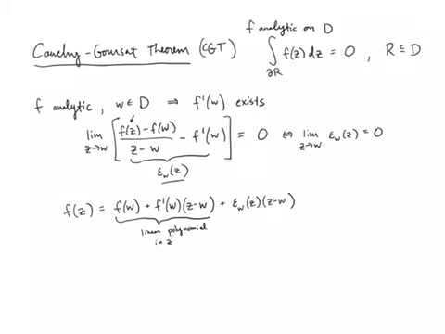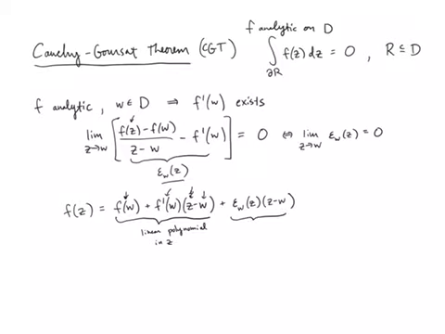Here we're thinking about w as being fixed; that's the point where we're taking the derivative, and z is varying in the neighborhood of w. So z is our variable, and w is fixed. f prime of w is just a number, and w is just a number. The only variable is z, so this is just a linear polynomial in z. And then we have all of this other stuff here.